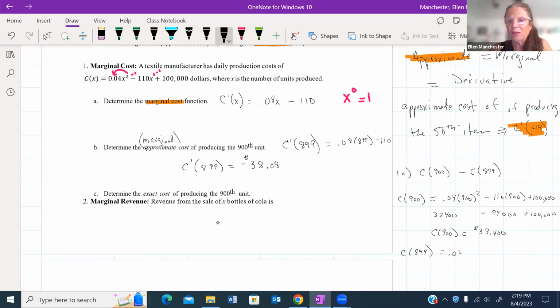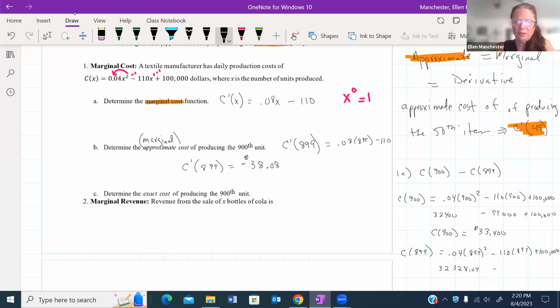So I do the same thing, 0.04 times 899 squared. And now I'm going to calculate this. So 899 squared times 0.04 is 32,328.04.